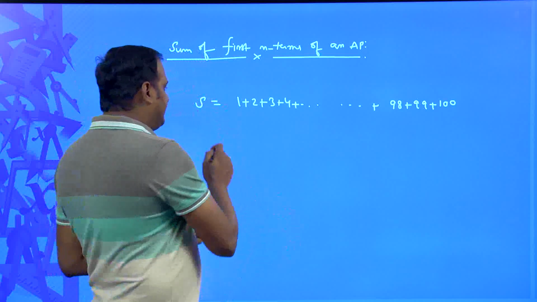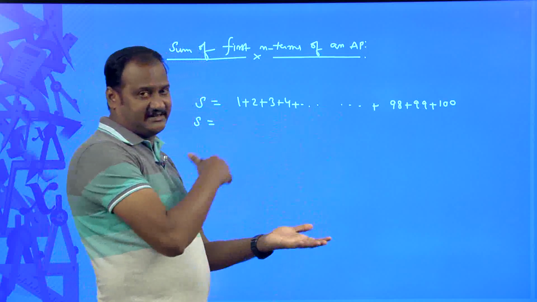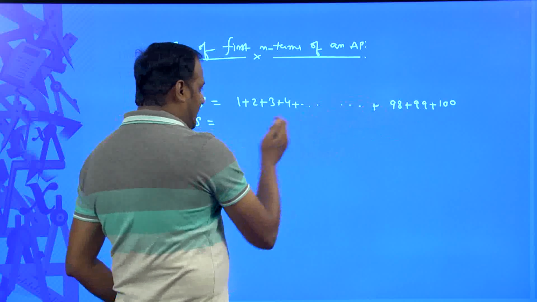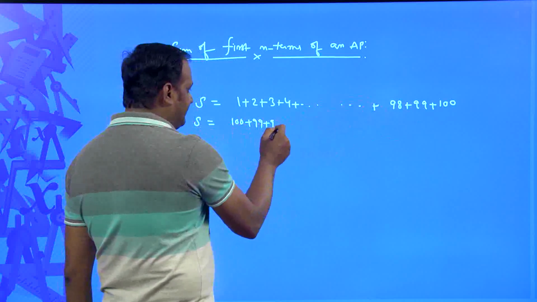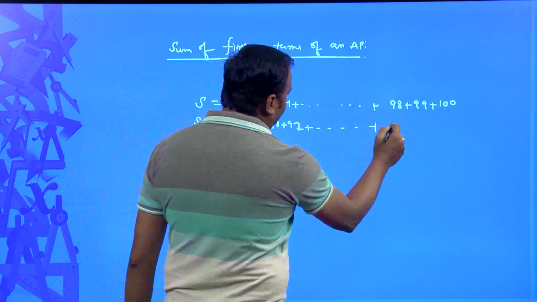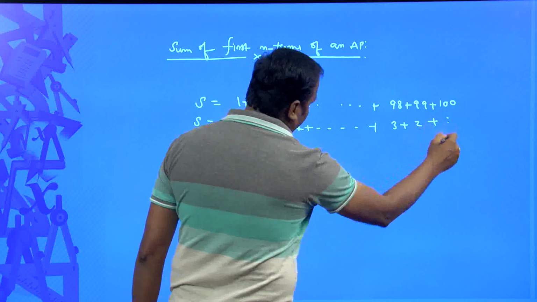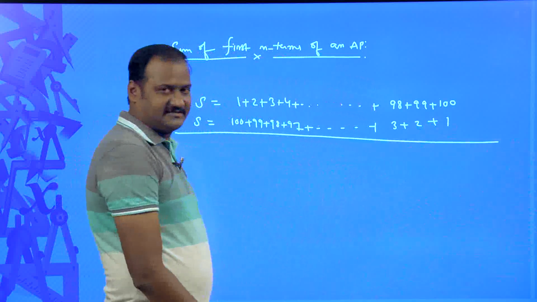And immediately he wrote the same series of numbers in reverse order. Reverse order means 100 first, and then 99, and then 98, and then 97, and so on, and then 3 plus 2 plus 1, and then he started adding corresponding numbers.